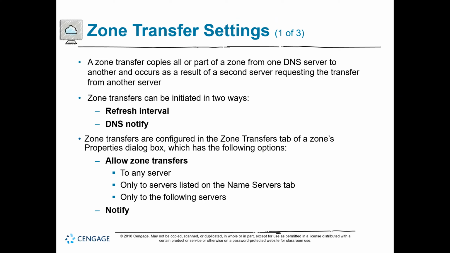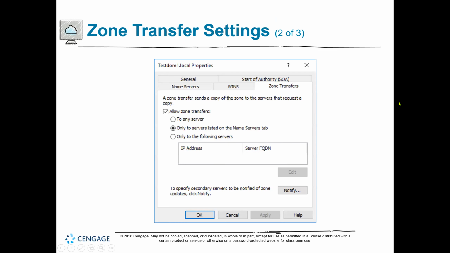Zone transfers are configured in the Zone Transfers tab of a zone's properties dialog box, which has the following options: allow zone transfers to any server, only to servers listed on the Name Servers tab, only to the following servers, and notify. So here is your example of this test DOM1 local properties, allow zone transfers, and they've chosen only to servers listed in the Name Servers tab on this one.